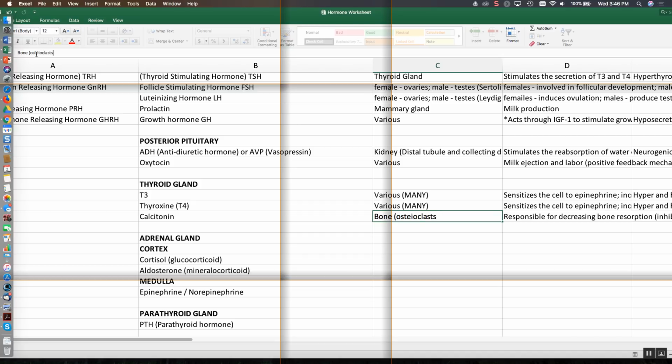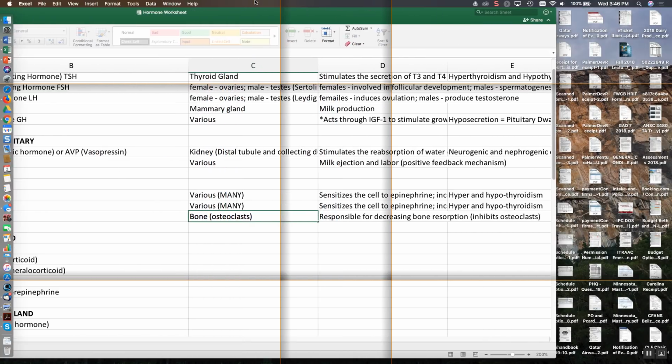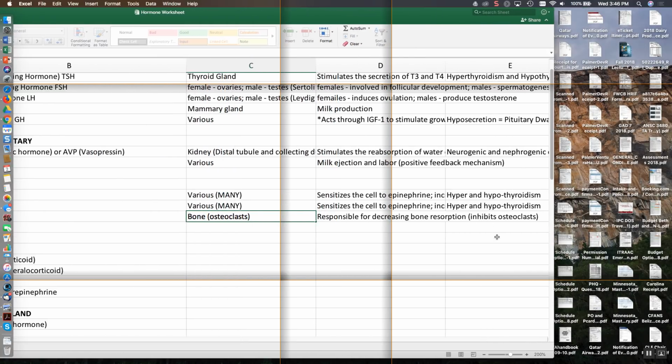Oh, I spelled that wrong. So what is the disease associated with this? Osteoporosis. Yep. Most of the drugs that target this are responsible for the osteoclast. They inhibit osteoclasts as well.